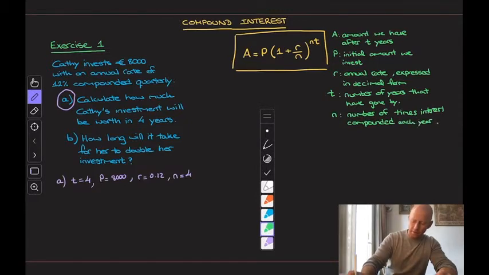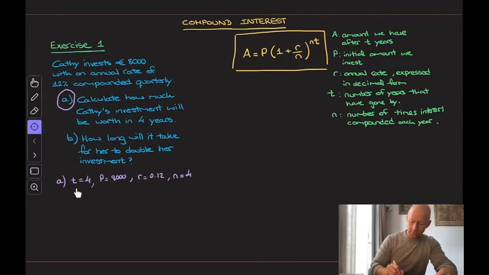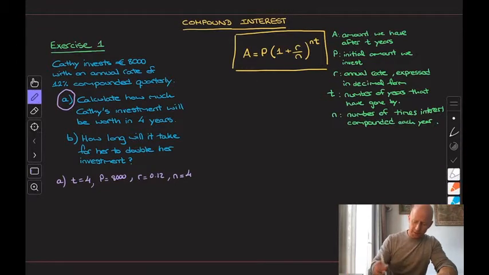Okay? All right, now, going back to our question here, t equals 4. P is the initial amount, 8,000. R is the annual rate expressed in decimal form. And n is the number of times the interest will be compounded in a year. All we have to do now is plug all those values inside this formula. In doing so, let's see what we get.